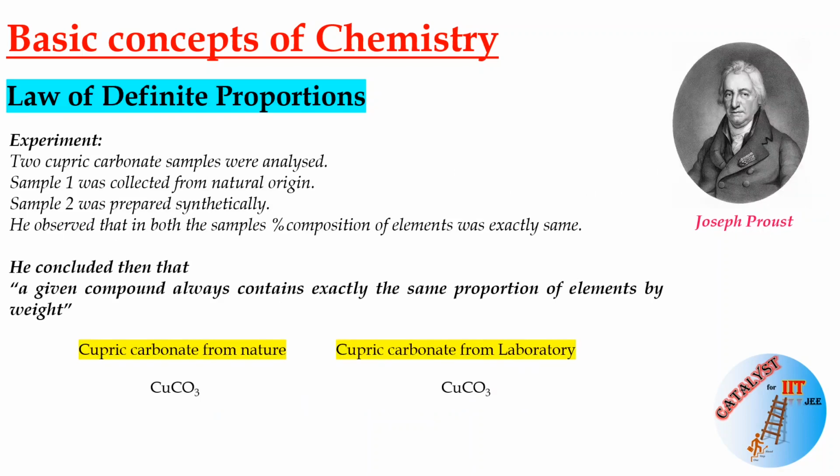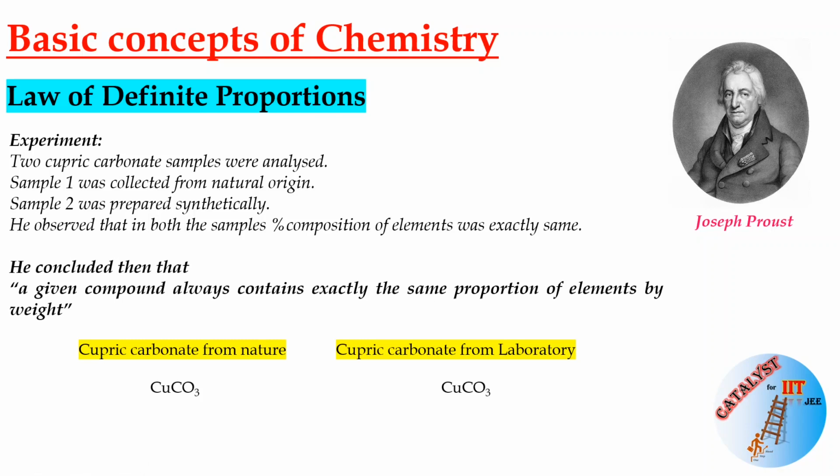Okay, so the next law is the law of definite proportions. This law has been proposed by Joseph Proust, and he took two cupric carbonate samples and then analyzed those samples. How? Now the first sample of cupric carbonate was collected from a natural origin.